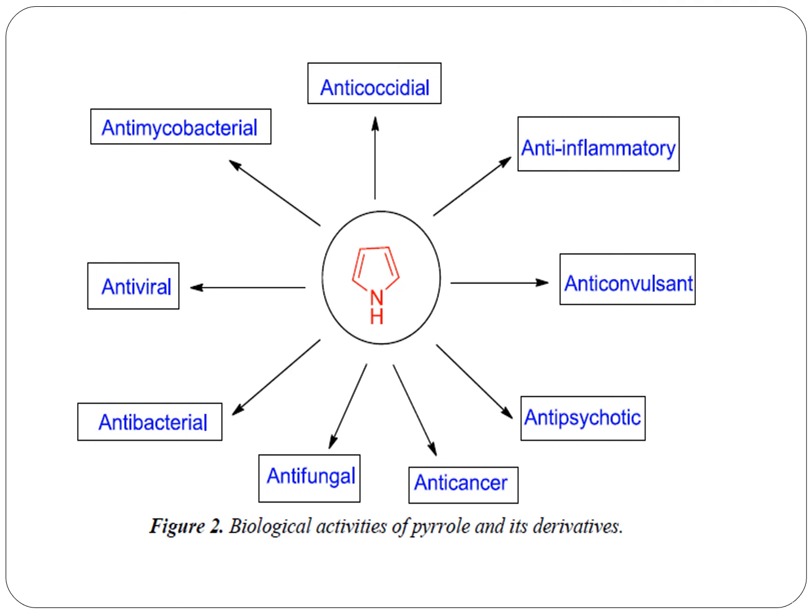Anti-inflammatory drugs, anticonvulsant drugs which are used for the treatment of epilepsy, antipsychotic drugs which are used as sedatives and hypnotics, anti-cancer drugs, antifungal, antibacterial, antiviral, and antimycobacterial. These are all uses of the pyrrole ring and pyrrole derivatives.